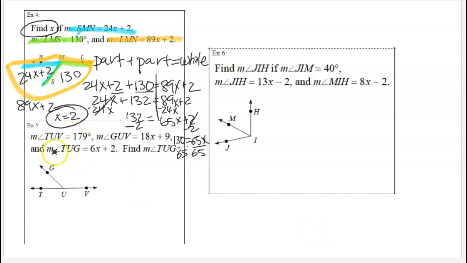Okay, just 2 more problems. Thanks for sticking with me. Our colors are ready, and we're going to get to labeling. TUV. Oh, looks like that is the whole thing for me. GUV is 18x plus 9.